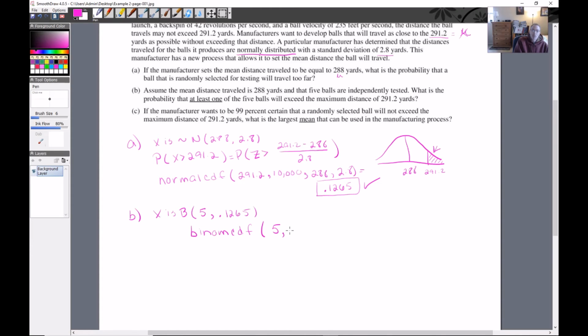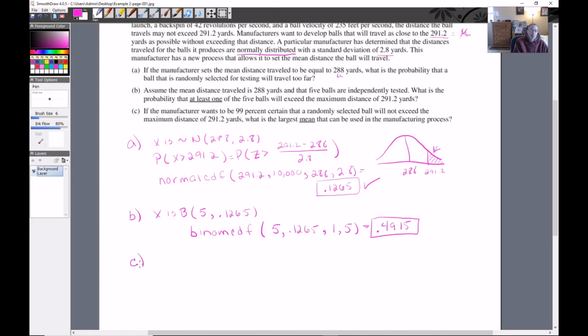Probability is 0.1265, and we're interested in either 1 at the low end or up to 5 at the high end, and I think we can just write this out. This is 0.4915. By the way, both of those are correct, and we started with normal here and we went to binomial here. All right, so that's pretty good.